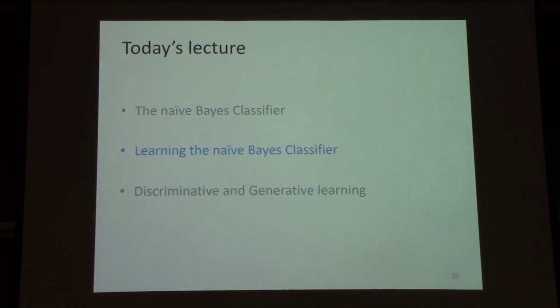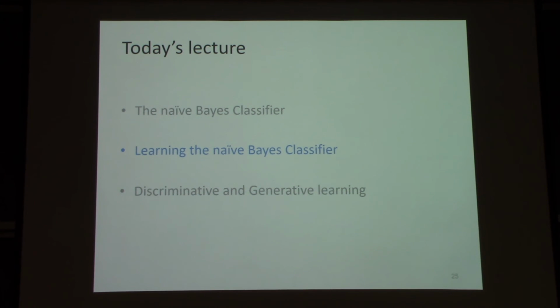One such classifier is a naive Bayes classifier, which makes this rather strong independence assumption about the features. The features are conditionally independent of each other given the labels, and using that we can define the naive Bayes classifier.